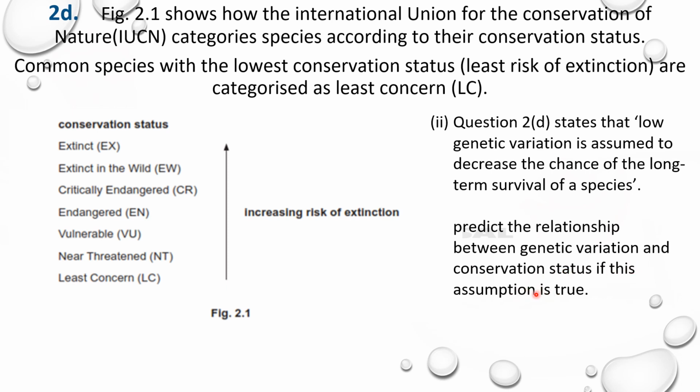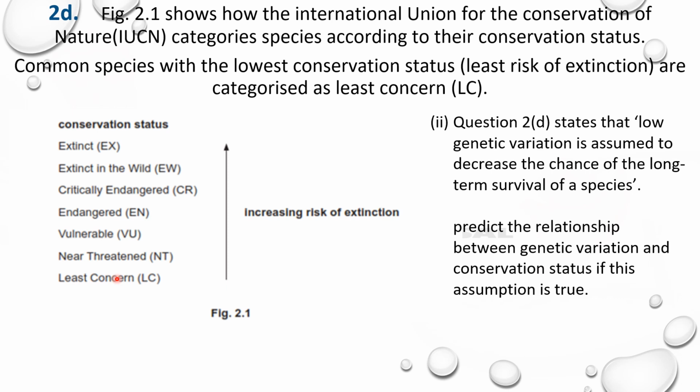If this assumption is true, okay, so you see that the less the genetic variation, the higher the status. See, this is increasing. So that means that the ones that have less genetic variation are more likely to go extinct. Okay, so the ones at the base are likely the ones that have the more genetic variation.